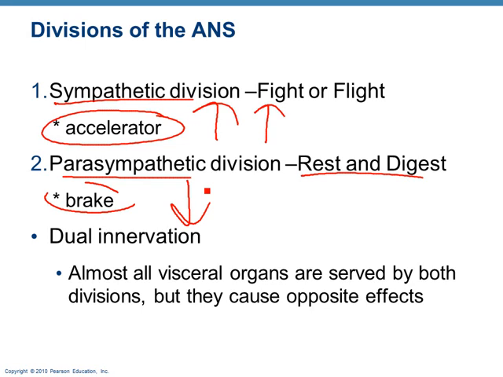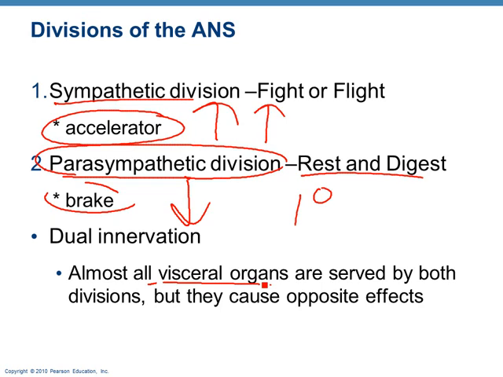Just hanging out, not doing much, you are usually in parasympathetic control. It's what you are normally in, the primary nervous system that's working. Now, just about every organ, with a few exceptions, is innervated by both sympathetic and parasympathetic nerves, because you can increase heart rate and you can decrease heart rate.